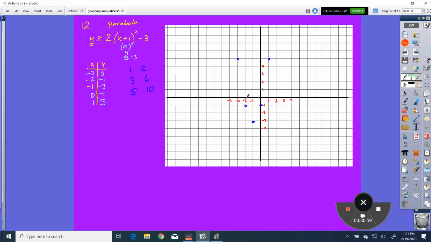So there's my dots. It's a solid line. Connect your dots. Okay.